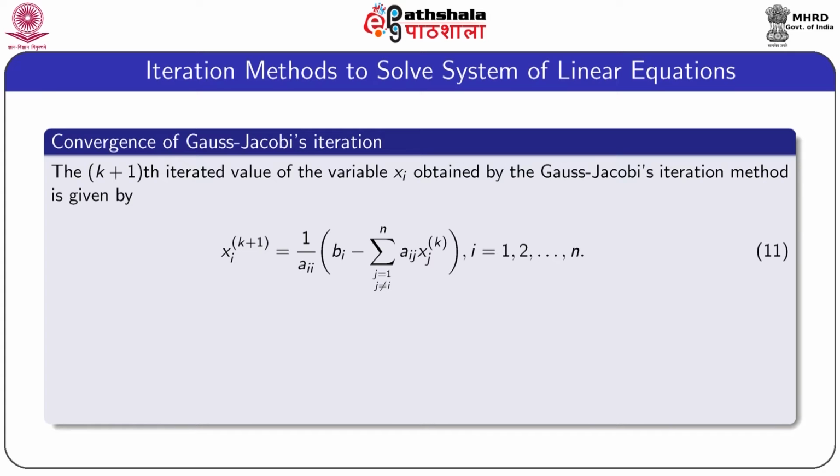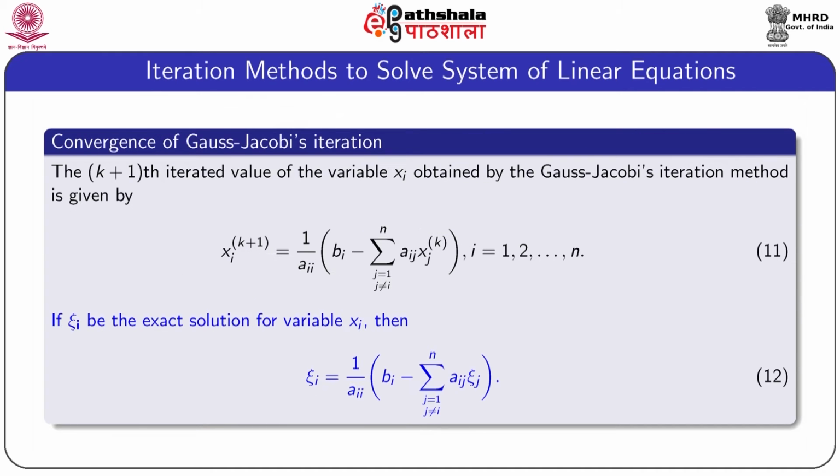The k plus 1 iterated value of the variable xi obtained by Jacobi's method is given by xi^(k+1) equal to 1 by aii into bi minus summation j equal to 1 to n, j not equal to i, aij xj^k, where i equal to 1 up to n. This is the ith equation of the system of equations.